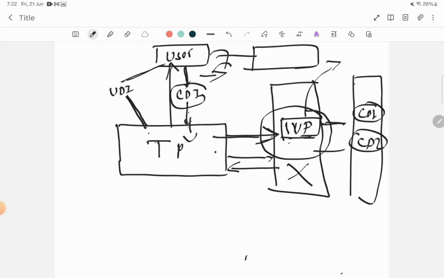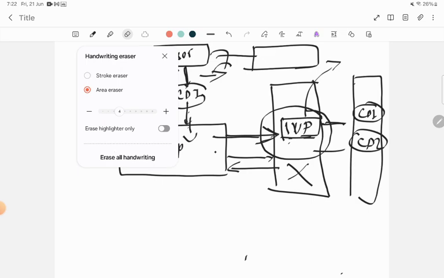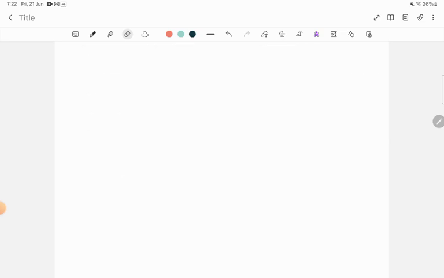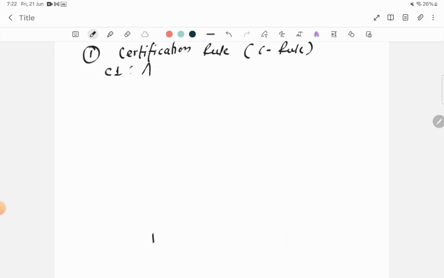Okay, so there are certain rules that we are going to see for this. The first rule is known as the certification rule, also known as the C rule. The C1 rule says that all TPs, that is transformation procedures, must maintain the integrity of CDI.